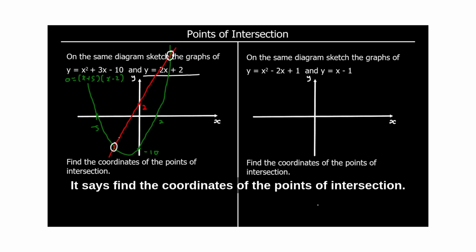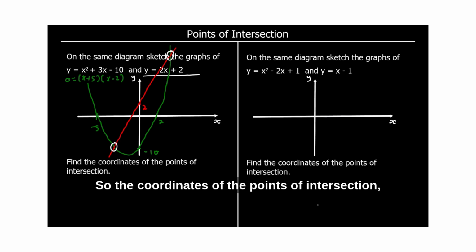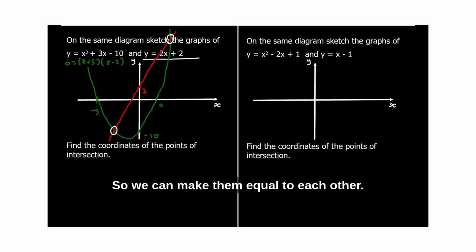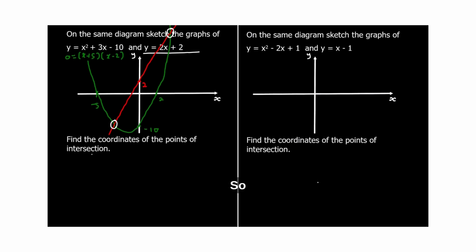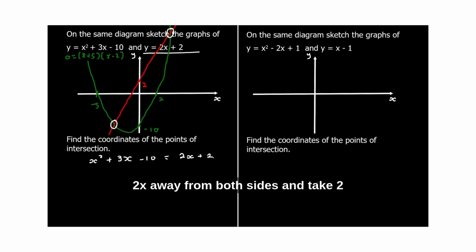It says find the coordinates of the points of intersection. That means solve the simultaneous equations. They're both y equals at the moment, so we can make them equal to each other. So we've got x squared plus 3x minus 10 equals 2x plus 2. Take 2x away from both sides and take 2 away from both sides.